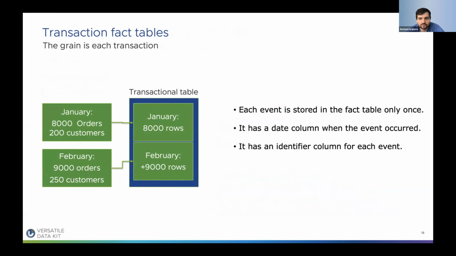Basically, each event is stored in the fact table only once. You just append to the fact table when the event happens, and you keep track of when it happens. Generally, you will use those for day-to-day operations that happen, where you want to track what users are doing, with a boarding complaint being one example.